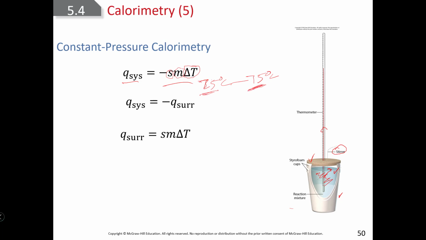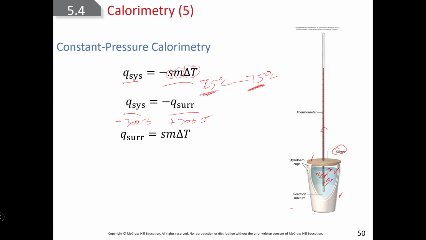Let's say the system is actually the water is gaining temperature due to the reaction, and it would be exothermic. It'd be giving off heat. So whatever is lost by the system is gained by the surroundings. So if this was a negative 300 joules of heat given off, then the surroundings must absorb 300 joules of heat, again due to the conservation of energy.